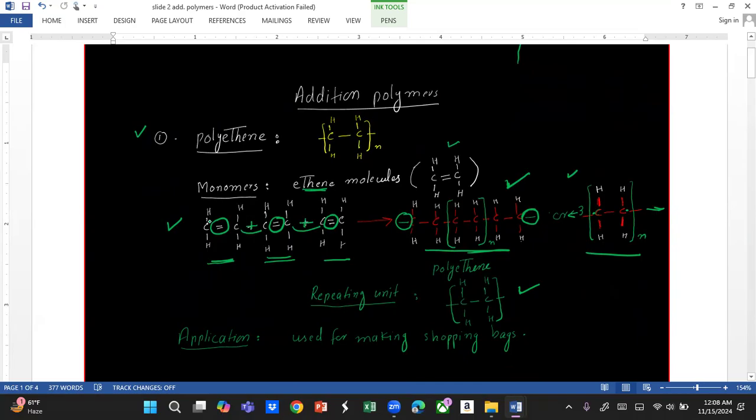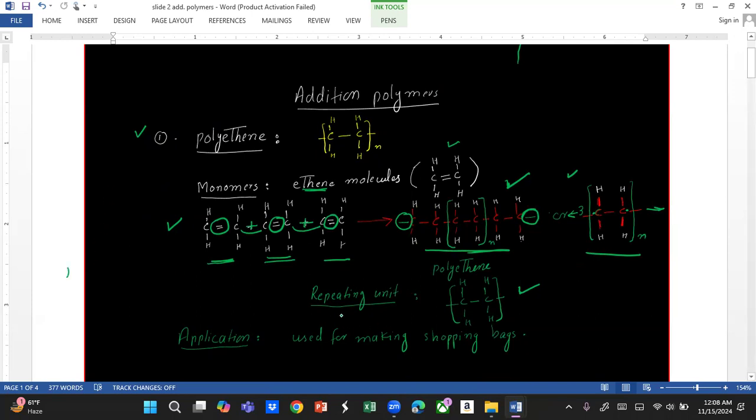You must keep in mind whenever monomers combine to make a polymer, what changes and what does not change. These are the exam questions. Mass remains the same. The number of atoms remains the same. Hope you understand.